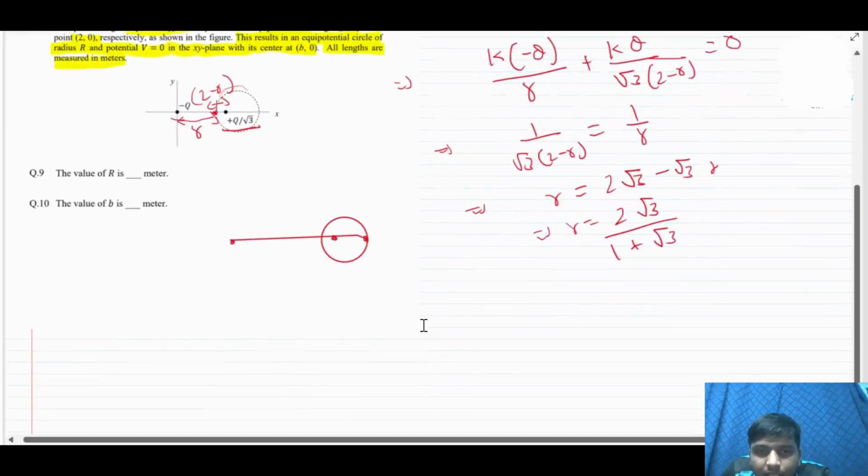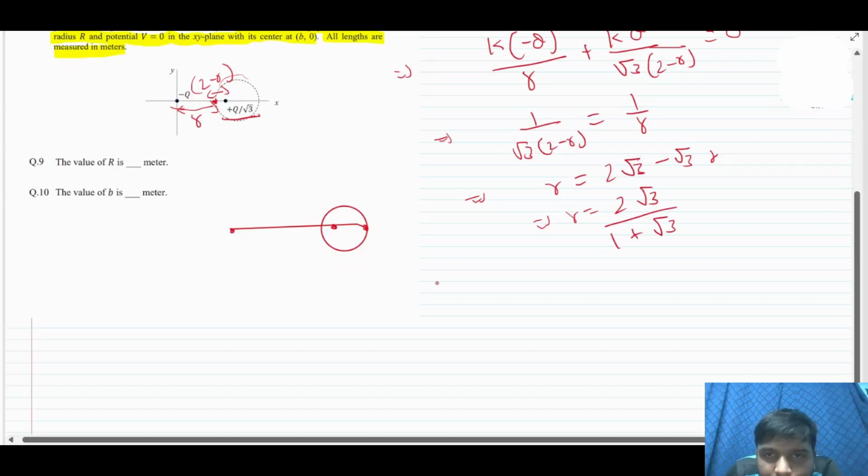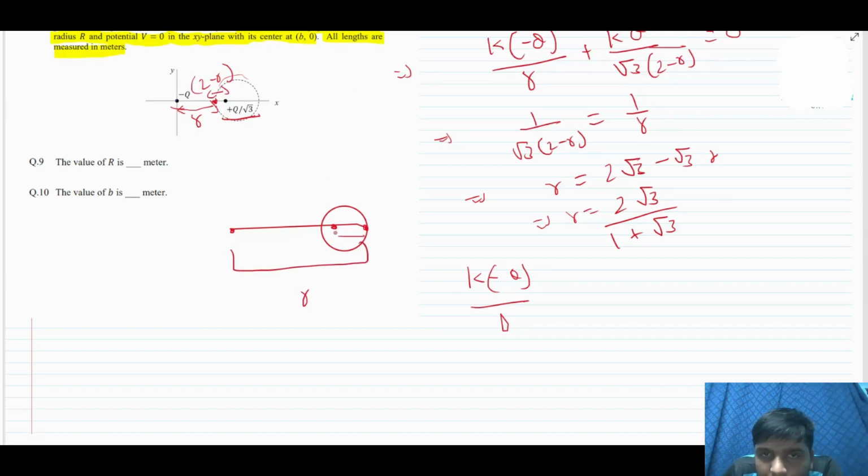For the minus q charge, k times minus q by r. Again, we are considering this distance as r. So this complete distance is r, and this is 2, so it is r minus 2 again.